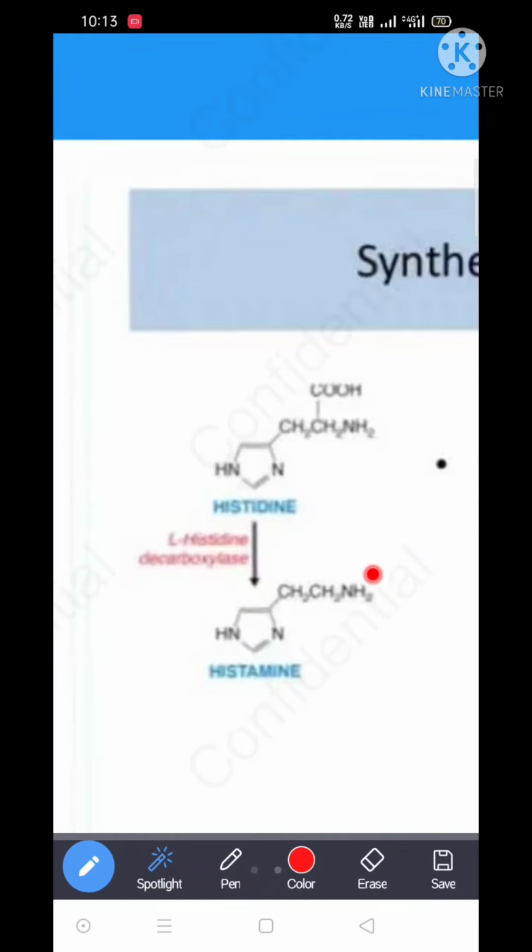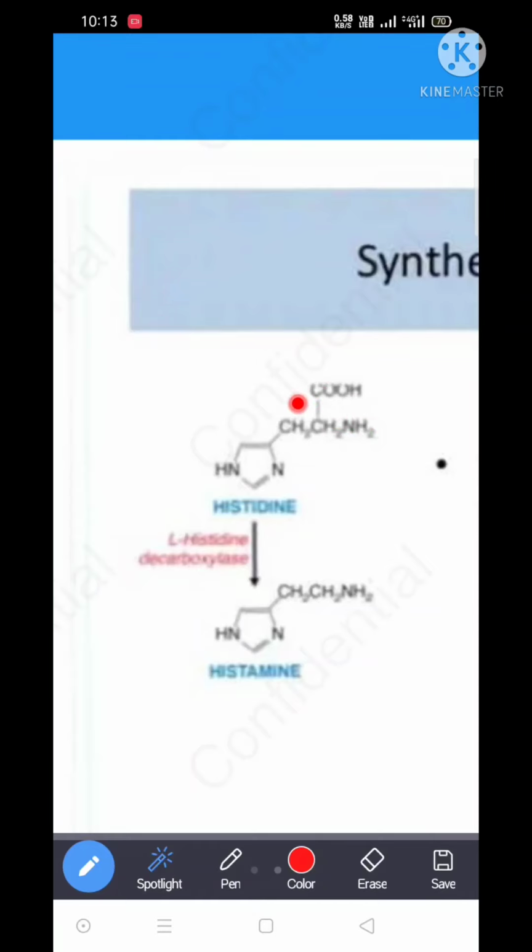If you compare both structures, there is only one change. You can see that there is no change in the ring. It is constant, and the side chain is also constant. So the main thing which is removed from here is this carboxylic acid.